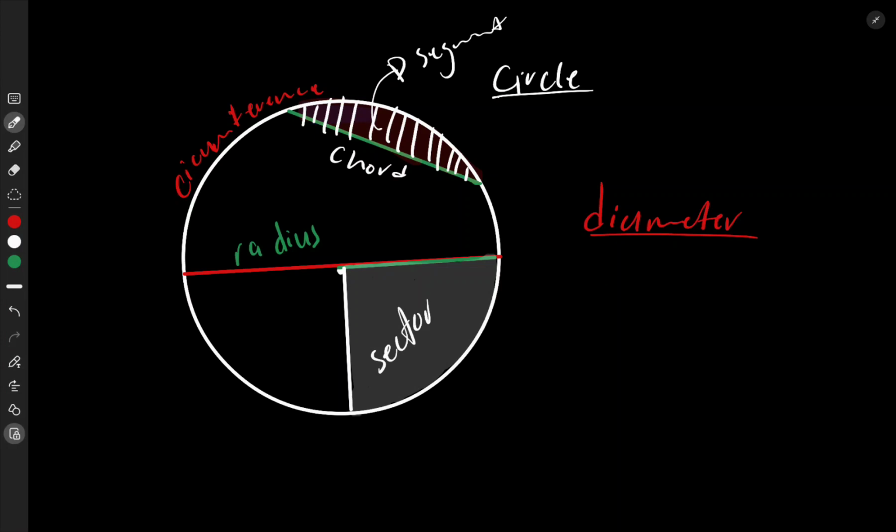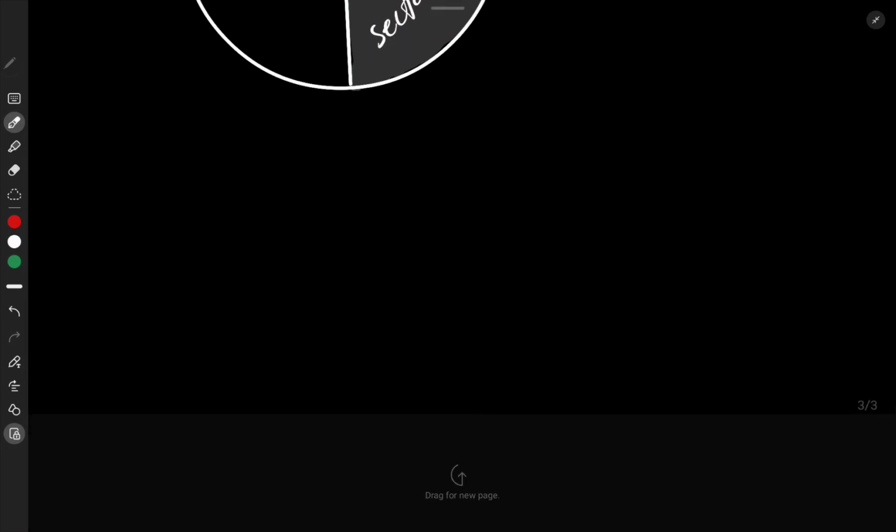If somebody doesn't want to give you their pizza, they're going to cut you a segment. But if they do want to give you, they'll give you something called a sector. Okay, so all these terms, you're going to find them going on and on in your geometry. Make sure that you have an idea of them. Okay, let me just say one more thing.